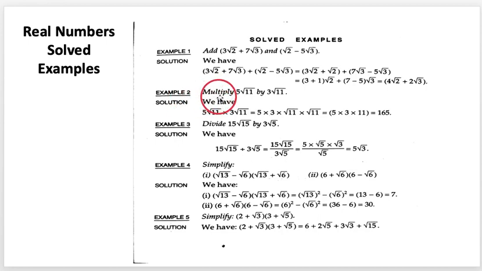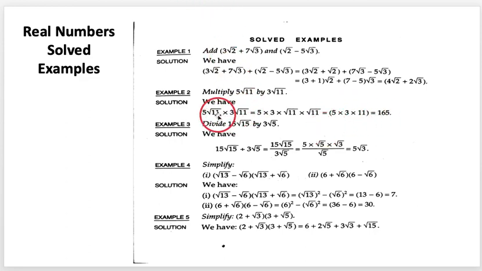Now example 2: multiply 5 root 11 by 3 root 11. Remember one thing, that if you multiply root 2 into root 2, you will get 2. Root 3 into root 3, you will get 3. So root 11 into root 11 is 11.